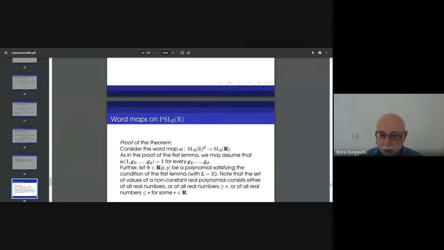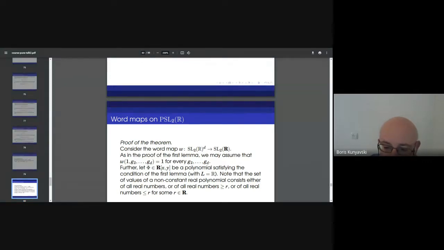It is a real polynomial, so it's a function which is continuous in the Euclidean topology. It's also elementary real calculus. That's what we teach our students, yeah? So what's the value of such a polynomial? Either all real numbers, or a semi-infinite interval, starting from r to infinity or from r to minus infinity. That's the only possible options for the values of a real polynomial.